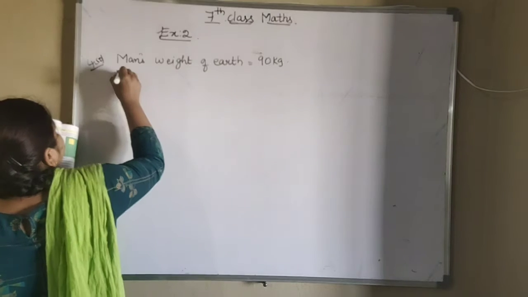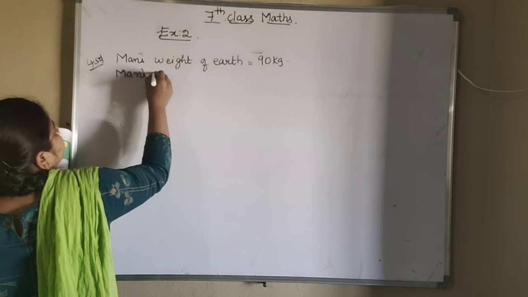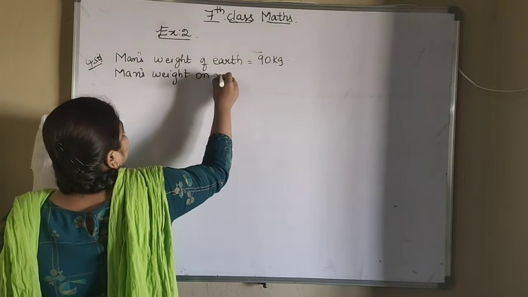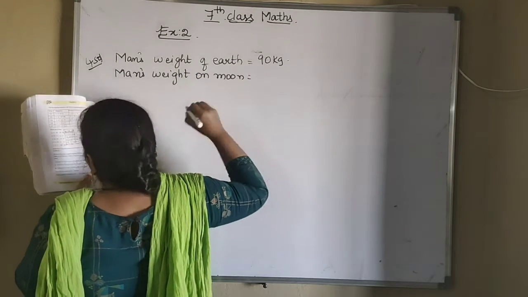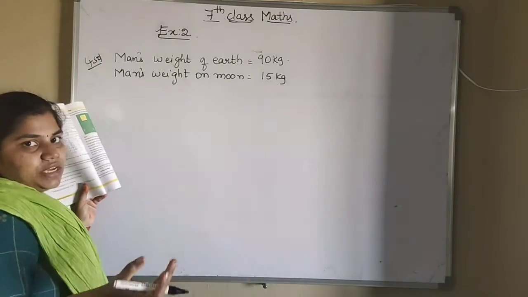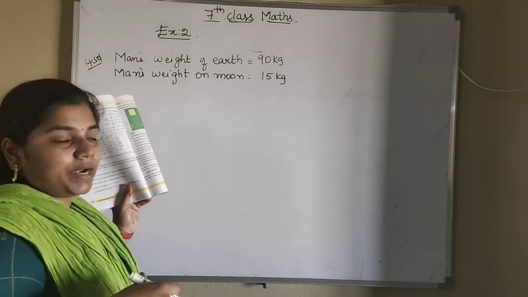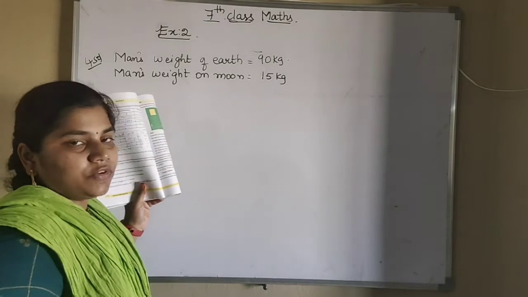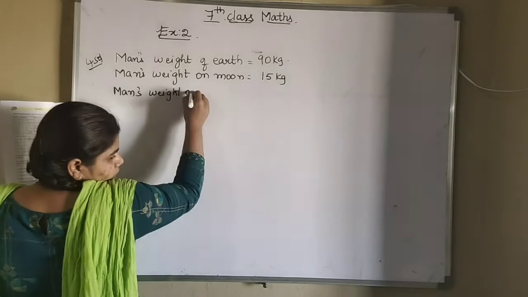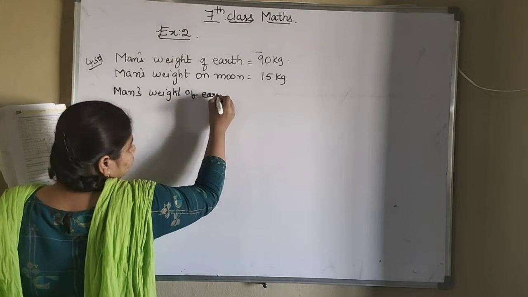So man's weight on moon. Moon is how much here? That is 15 kgs. For a man whose weight is 90 kgs on earth, the weight on moon is how much? 15 kgs. Now, what did they give next? Woman's weight on earth.